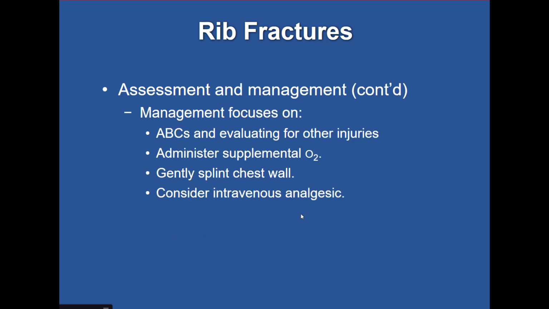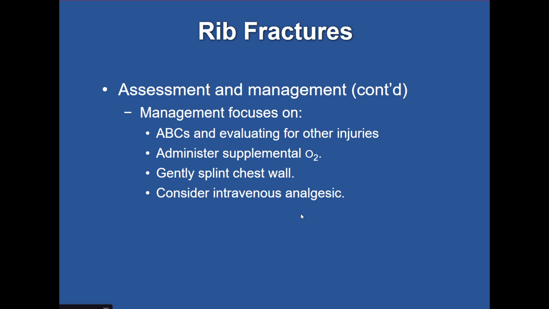So we're going to focus on our ABCs, as always, give them a little supplemental O2 to help them out, and then we can consider splinting that chest wall. We just need to make sure that we're not doing anything that restricts their chest wall movement. So we wouldn't want to wrap their entire chest circumferentially, because that could limit the amount that they're able to expand and contract.